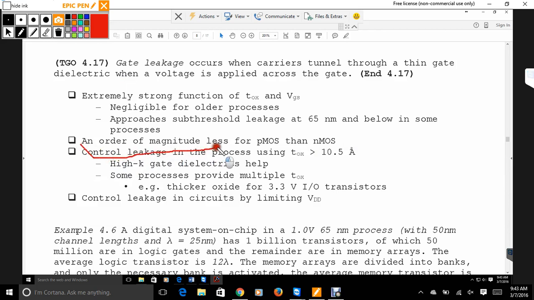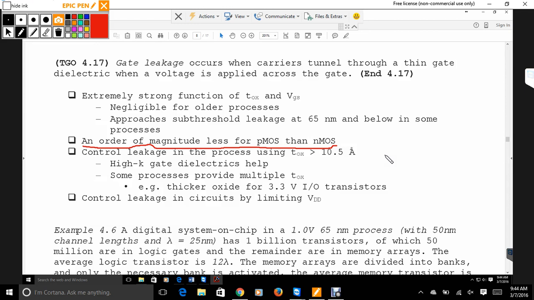So an order of magnitude less for PMOS than NMOS. Why do you think that is? Because PMOS are normally bigger than NMOS, correct? Well, the reason why PMOS is bigger than NMOS is a function of the reason for this. Why do we make PMOS bigger than NMOS? Yes, exactly, right?